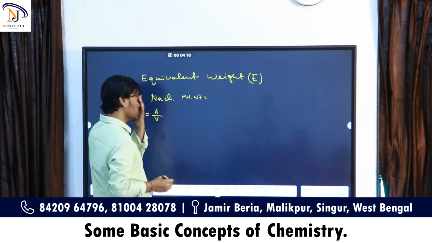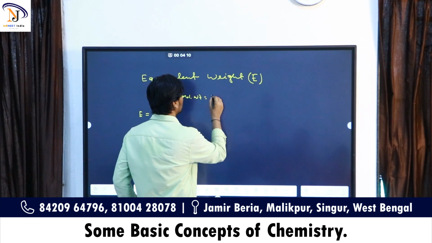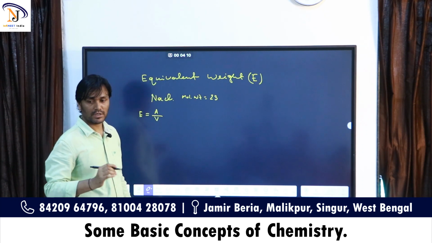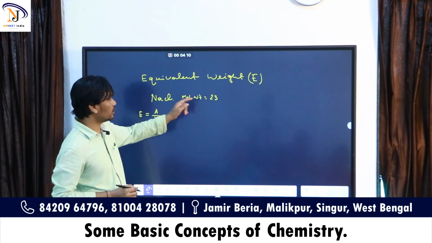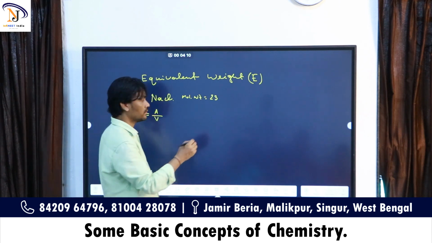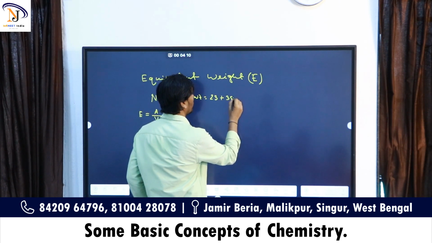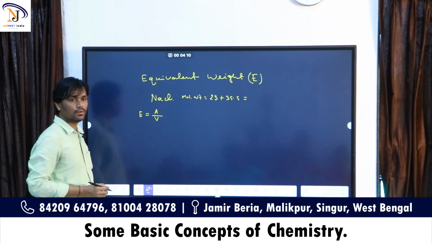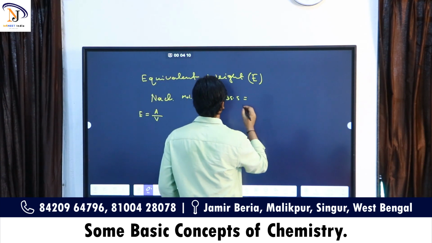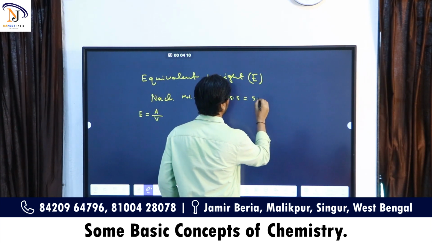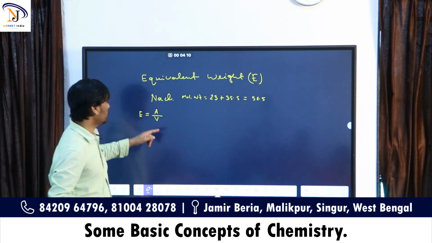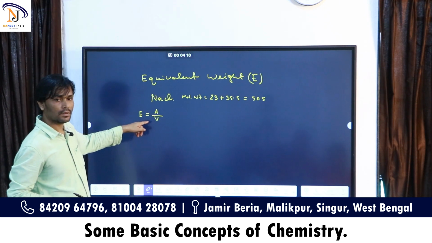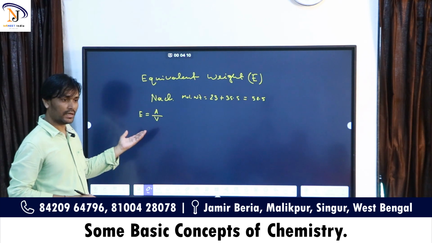Na, sodium, atomic mass 23, and chlorine, atomic mass 35.5. So add this. How much will it be? Add and tell me. 58.5. So you get A. Now the valency: sodium valency 1.